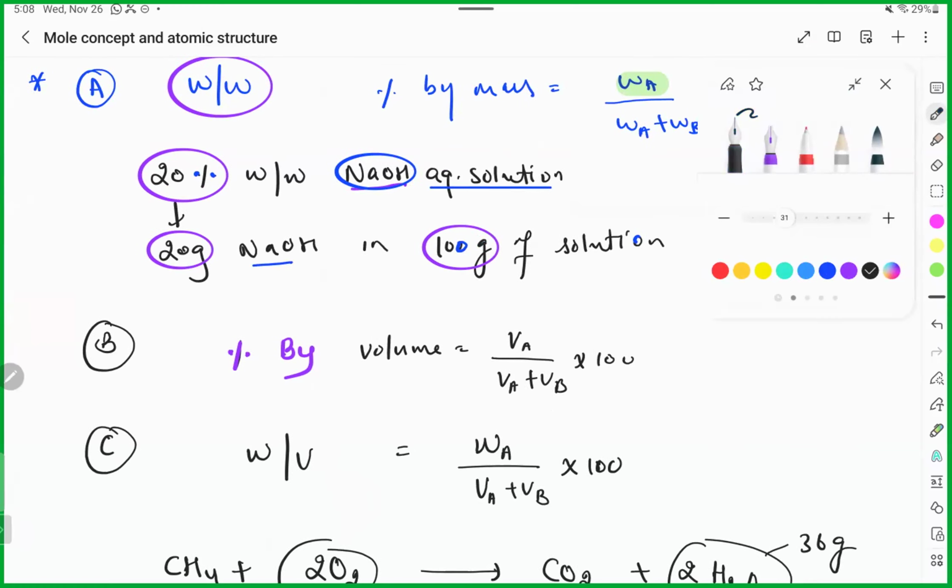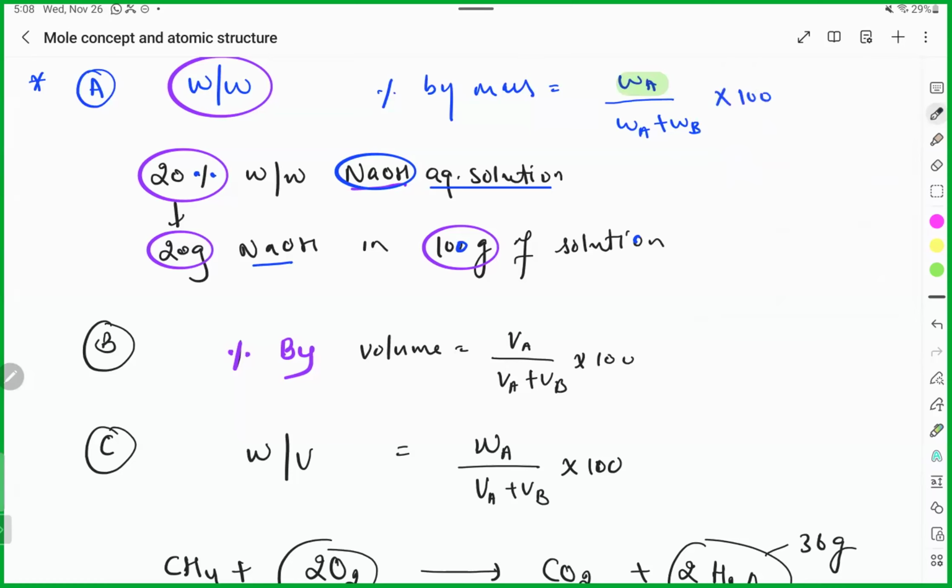And what is the solvent name in this situation? Water. How do I know it is water? Aqueous solution means water is the solvent. Understood?